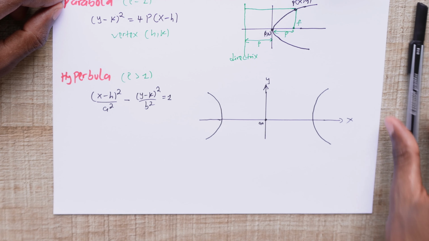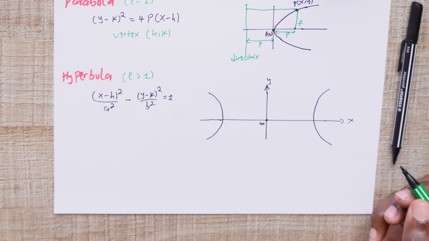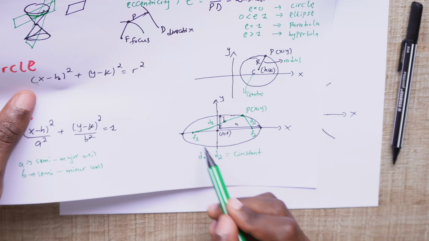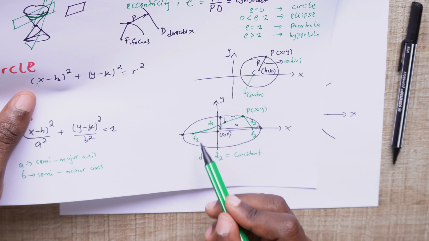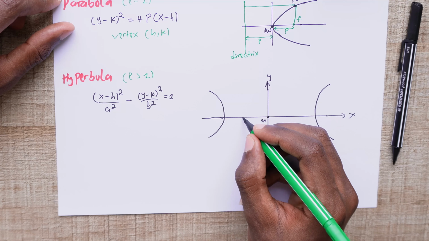So in this case, just as with the ellipse, if you recall, we had two foci. Here we also have the two foci, but they are not contained inside the area defined by the curve, like they were inside the area defined by the ellipse. In this case, they would be here.